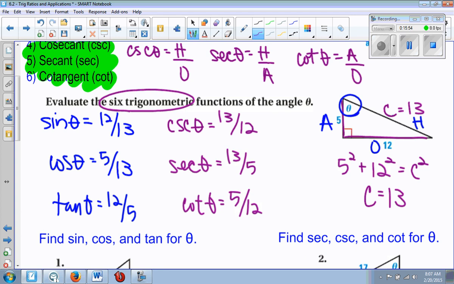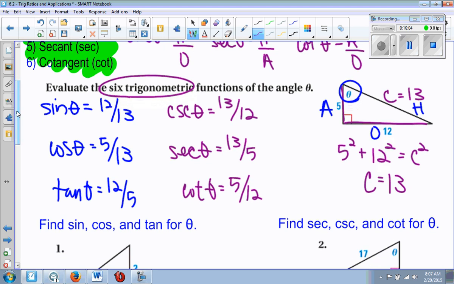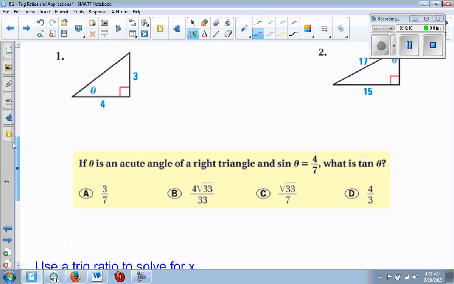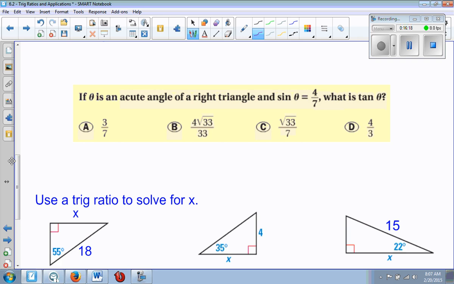Usually a hard thing for students to grasp because they always want to put the ones that would logically make sense together, and in fact they don't go together. So sine with cosecant, cosine with secant, tangent with cotangent. The next two problems really aren't any different than what we just did, so we're going to skip those. And let's talk about the next one.